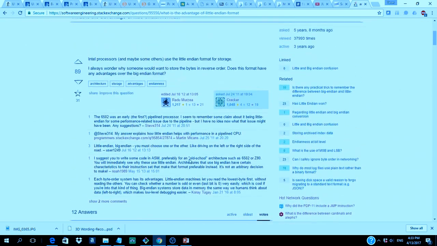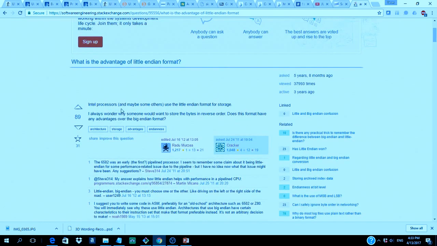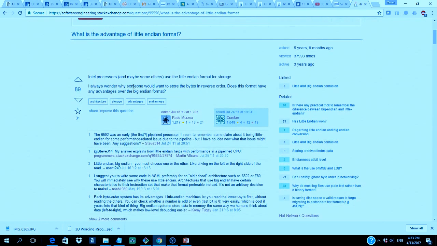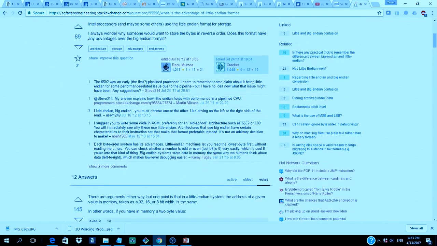So let's look at the question a little bit. Intel processors use the little endian format for storage. Well, I always wonder why someone would want to store the bytes in reverse order. Does this format have an advantage over the big endian?